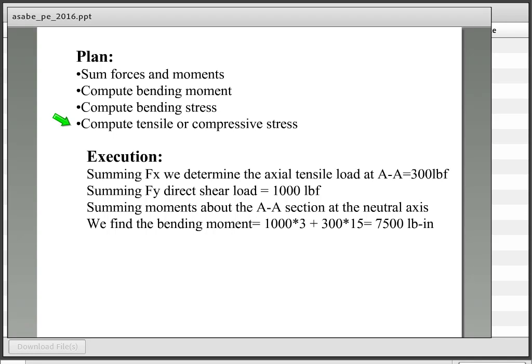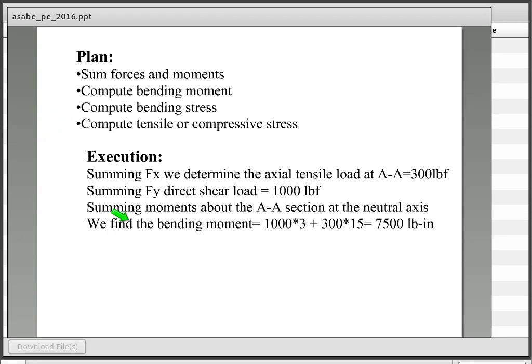So here we're going to sum forces in the x direction, and that would come out to be 300 pounds, as we said. That's our side load on the bottom of the wheel. And then we sum moments about the section AA at the neutral axis of the axle.